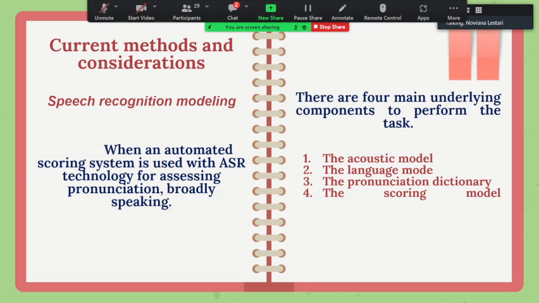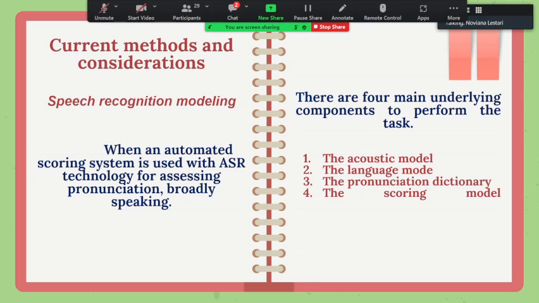The acoustic model is like a repository of sounds, a probabilistic representation of variation of the sounds or phones in English. The language model represents a series of words that a speaker might be expected to say. It is a probability distribution over sequences of words.